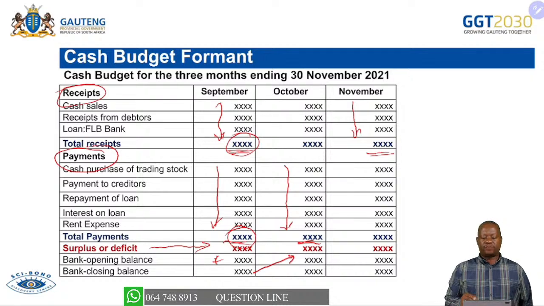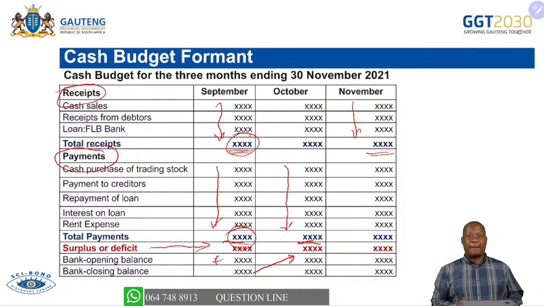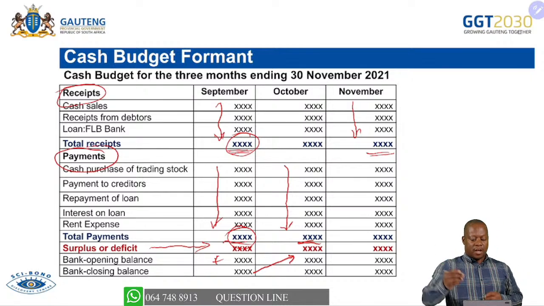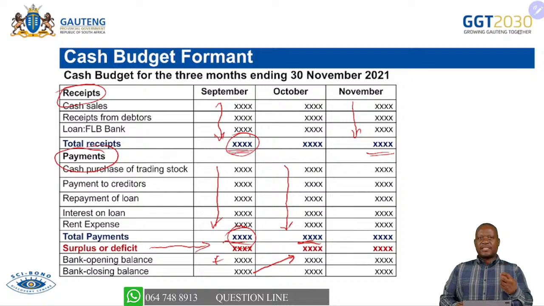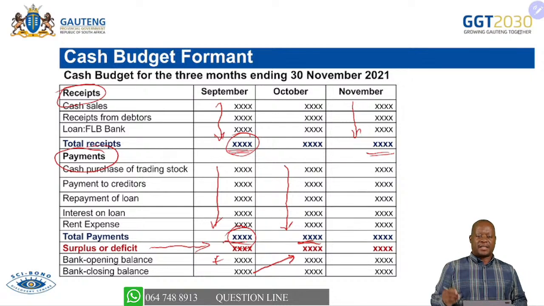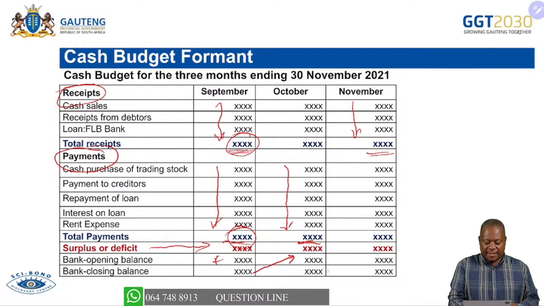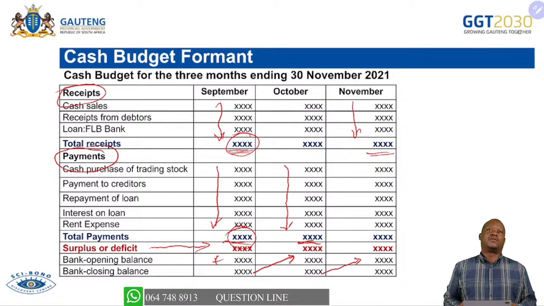month of October. Remember, when we close a month, we open the other one. So what it means is the closing balance for the month of September becomes the opening balance for the month of October. The same applies here. When we close October, we open November.